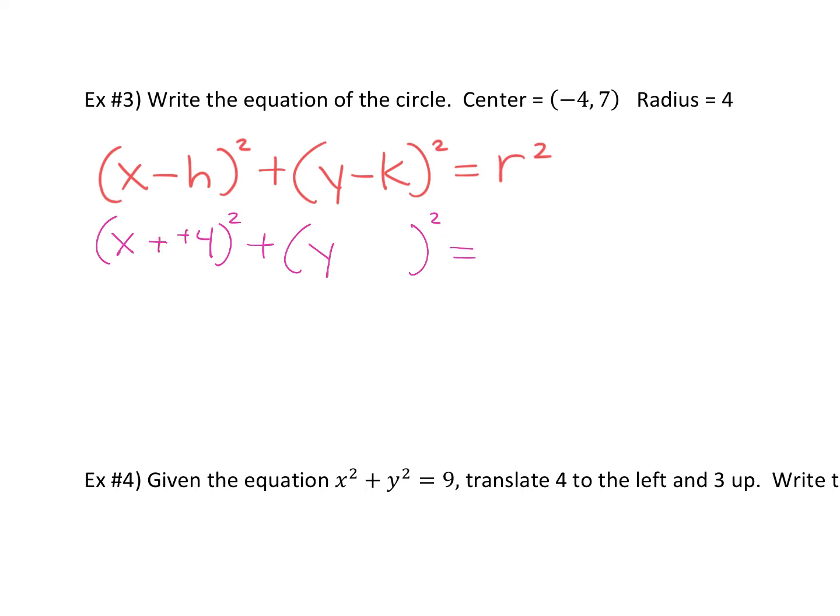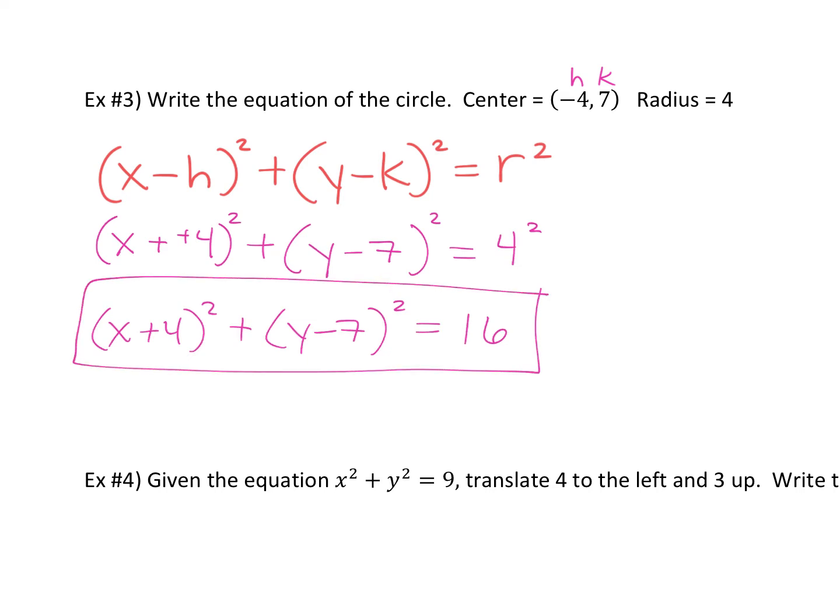So it's x plus 4 squared plus y minus 7 squared equals what? 16. It's your radius squared, so equals 16. So x plus 4 squared plus y minus 7 squared equals 16. This is the equation of your circle.